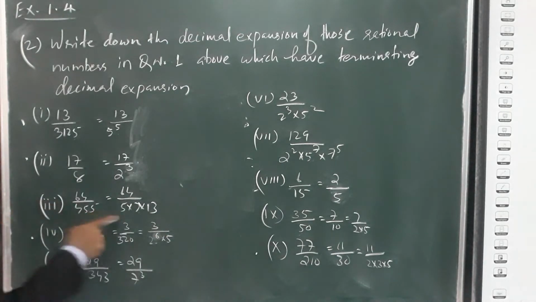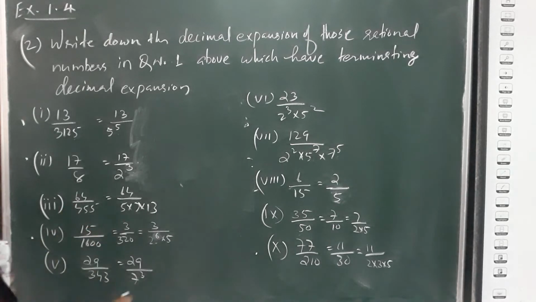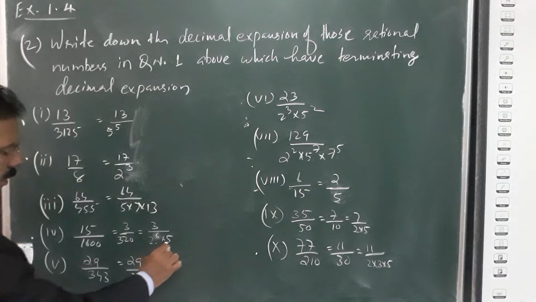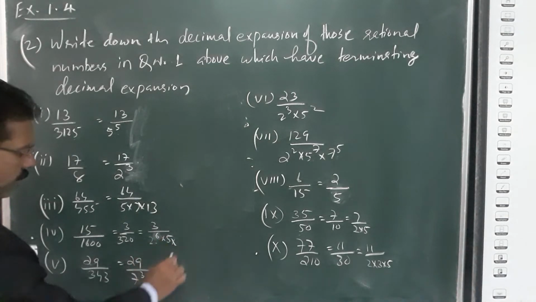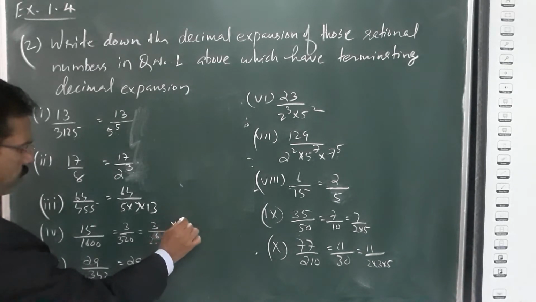Now these two questions can be changed into decimal form. The third one is non-terminating recurring, the fourth one is terminating, and here only 2 raised to 6 is there. You have to make 5 raised to 5 also, so 5 raised to 6.